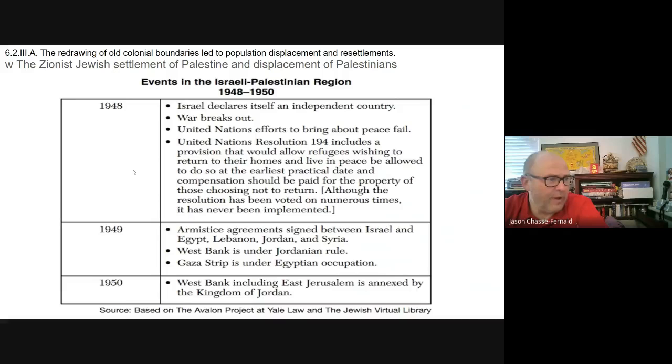All right, so after the partition plan is accepted, you do see the building of an Israeli state, and of course, Israel as a state is built through a war. So not a partition. The partition plan creates a framework, but an actual war breaks out. And from 48 up until really 73, there's a series of events in which Israel, in shaping its early history, is dealing not just with an internal issue with the Palestinian or Arab population.